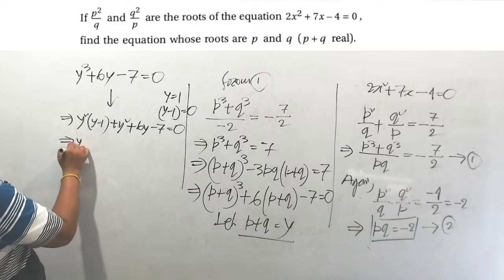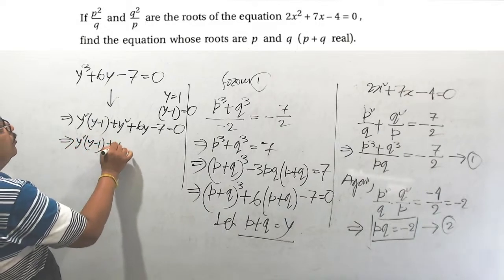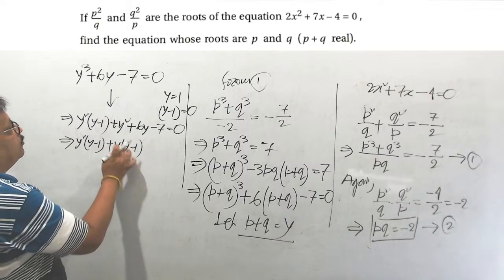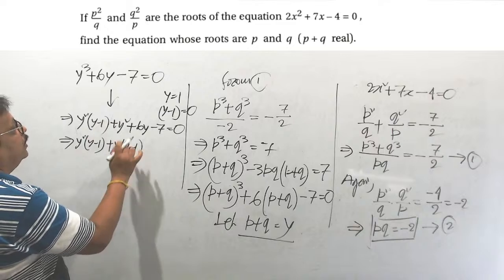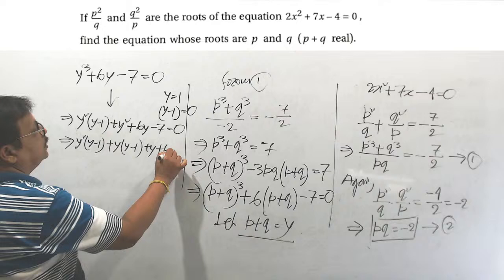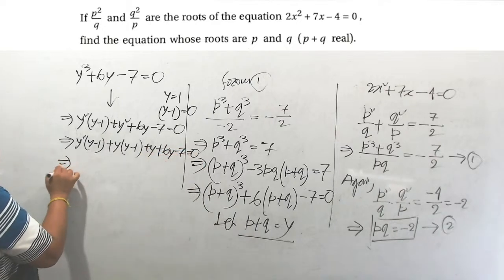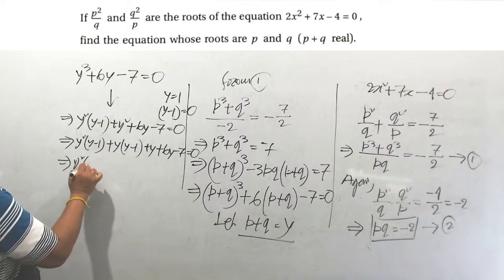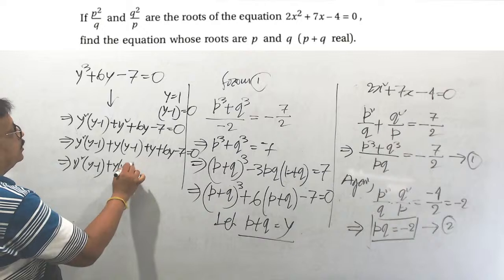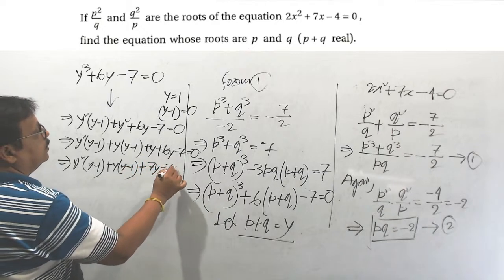This implies y square into y minus 1 plus, take common y. y into y minus 1 gives y square minus y, plus y plus 6y minus 7 equal to 0.